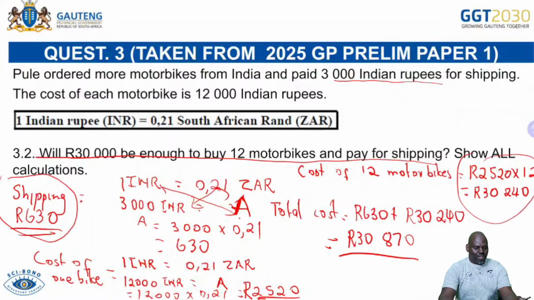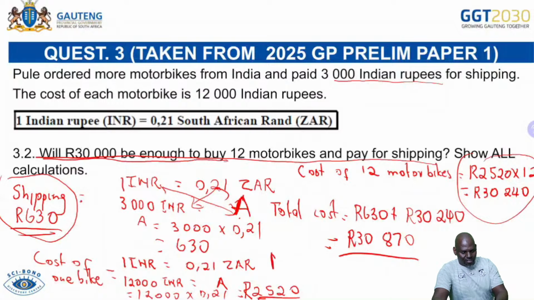They say, will 30,000 be enough to buy 12 motorbikes and pay for shipping? When we do the conversion, we can see that the cost is actually 30,870 rand. Is this enough? So 30,000 will not be enough. There's going to be a shortage of 870 rand. This statement is very important.